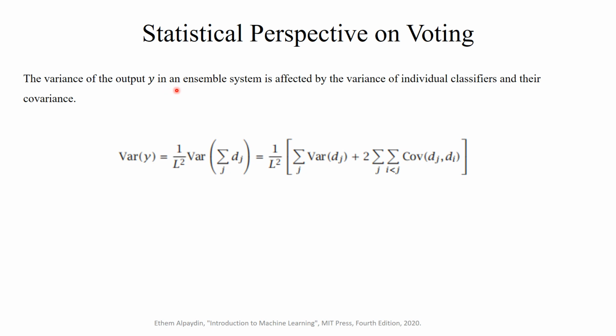The variance of the output y in an ensemble system is affected by the variance of individual classifiers and their covariance. This is the equation.